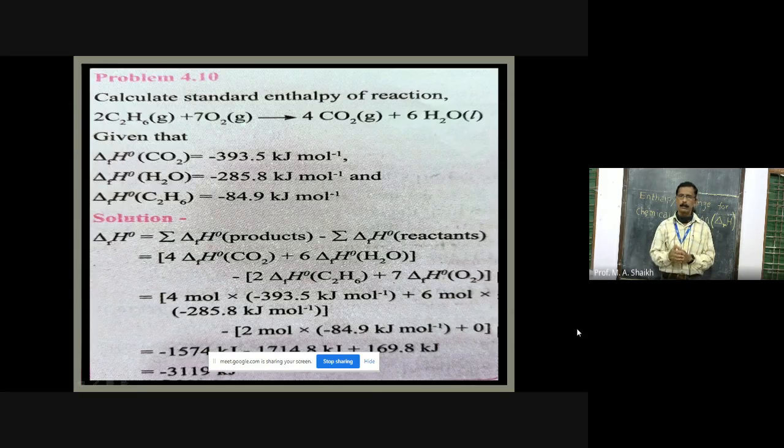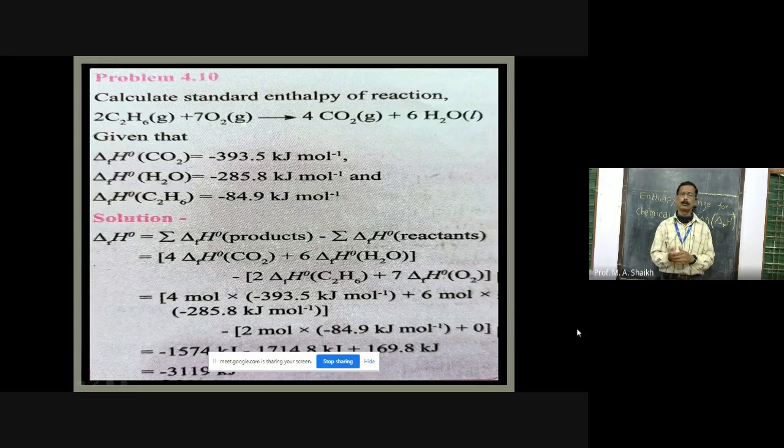First part हो गया right hand side का, minus, see the part of minus summation of standard enthalpy of formation of reactants. There are two reactants, ethane and oxygen. What we have to do is use the number of moles. Okay, so minus, see, in big bracket, 2 into standard enthalpy of formation of C2H6. Why 2?